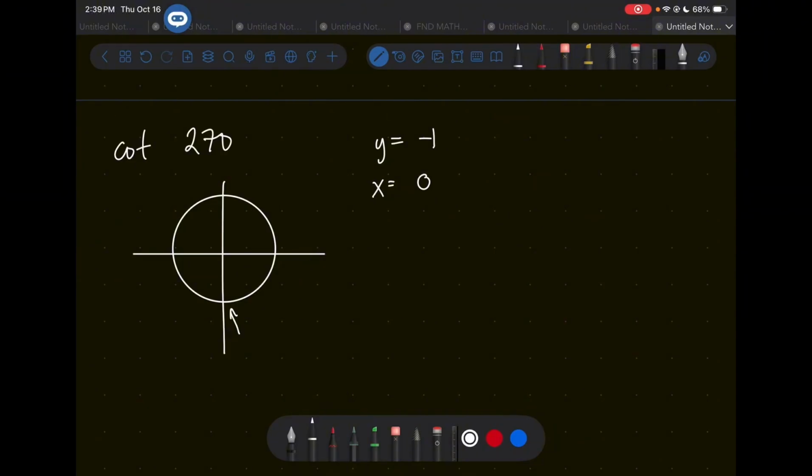So let's first check the tangent. Tan 270 is just y over x, or sine over cosine. So it's going to be undefined. How about cotangent? It's going to be 0 over -1, or just simply 0.